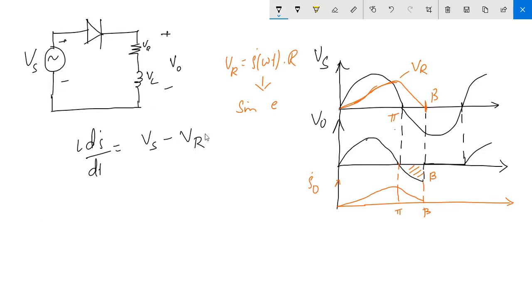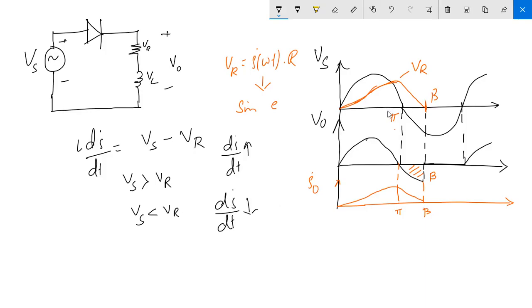So L di by dt is Vs minus Vr. If Vs is greater than Vr, di by dt will be increasing, and if the reverse condition happens, that is Vs is less than Vr, di by dt will be decreasing.